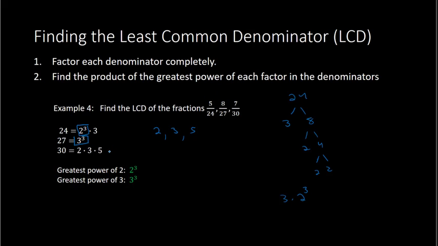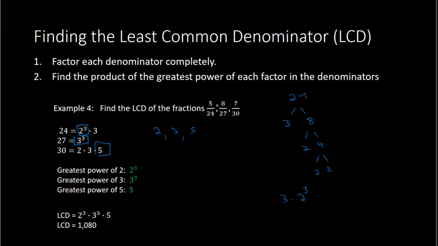And then the 5's, we have the most here with the 30, which is 1 of them, so we take 1 5. And then the least common denominator you can find by multiplying the 2 to the third times 3 to the third times 5, which will equal 1080. So this is how you find the least common denominator with just regular numbers.